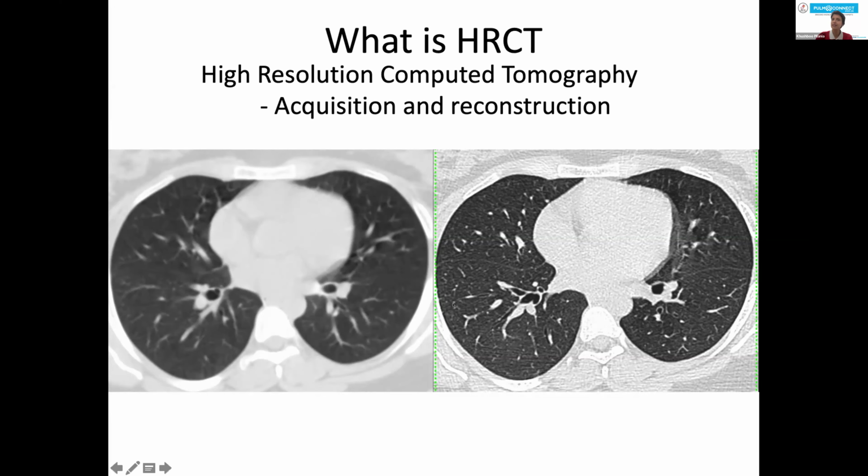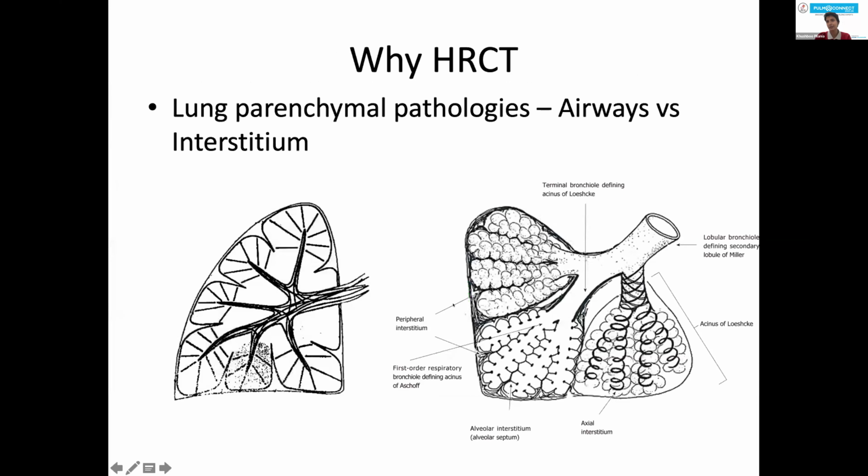The second question is, fine, this is HRCT, but why HRCT? The simple answer is we are looking at lung parenchyma. As long as we are talking just about the mediastinum, the bones, the paravertebral soft tissues, the routine CT reconstruction algorithm works fine. But whenever we are talking about lung parenchyma, we cannot see it unless we do this high resolution scanning.